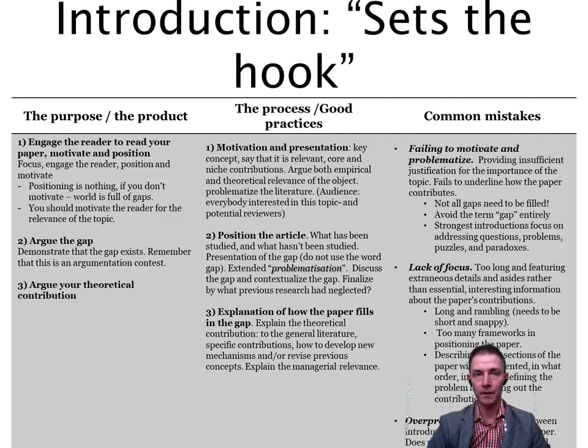And this is, of course, the motivation is something that you do in the first section of the introduction. In the second section of the introduction, you basically position the paper. So you argue the gap. And this happens often so that you first tell what has been studied, then you tell what hasn't been studied, and then you underline, you highlight where's the gap.